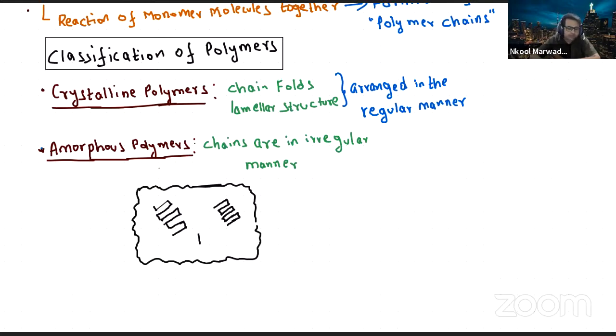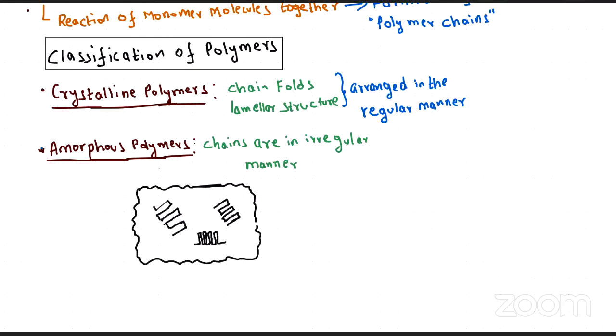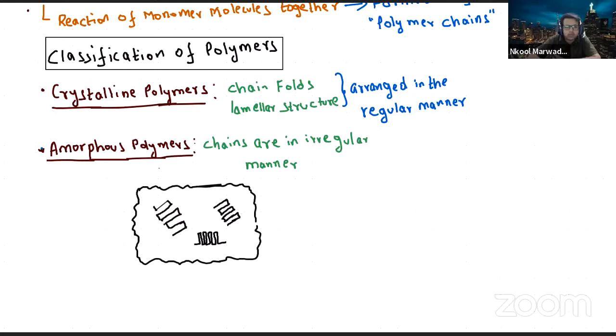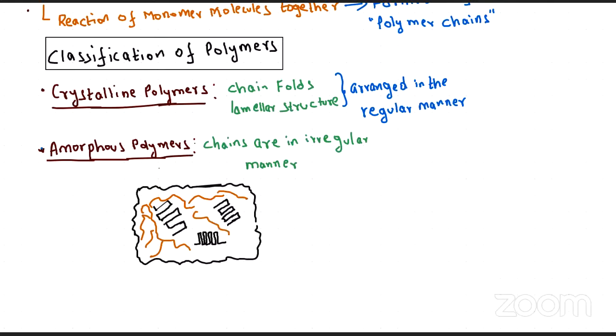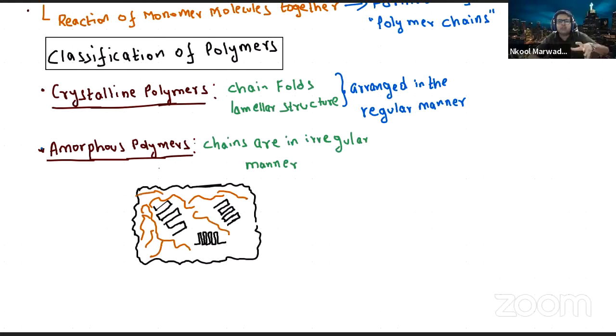So we have some regular structures, and along with that, we have some irregular patterns. Let me draw it with a different color. Some very weird irregular patterns that do not follow any pattern at all. Because these are chains, when we zoom into any polymer we will see just chains.